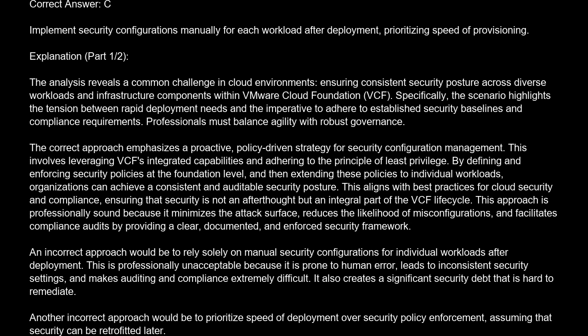An incorrect approach would be to rely solely on manual security configurations for individual workloads after deployment. This is professionally unacceptable because it is prone to human error, leads to inconsistent security settings, and makes auditing and compliance extremely difficult. It also creates a significant security debt that is hard to remediate. Another incorrect approach would be to prioritize speed of deployment over security policy enforcement, assuming that security can be retrofitted later.